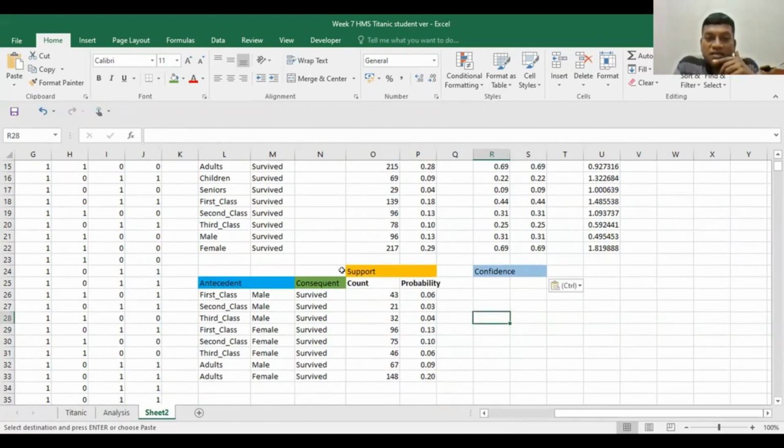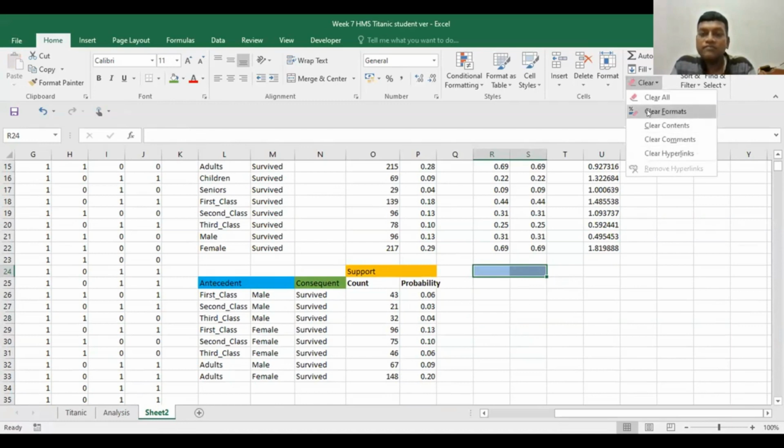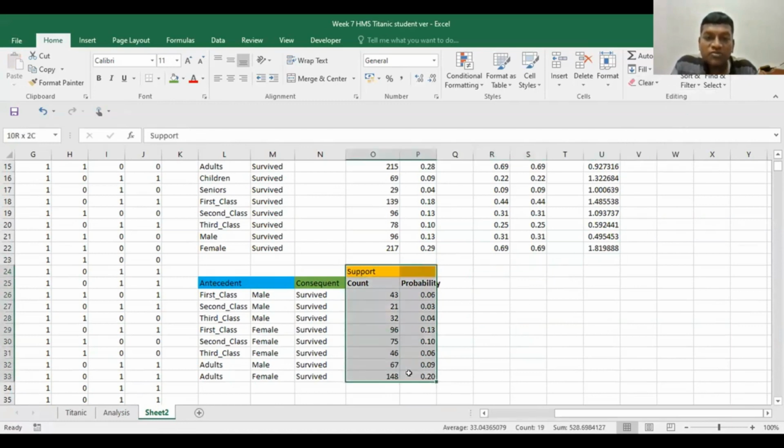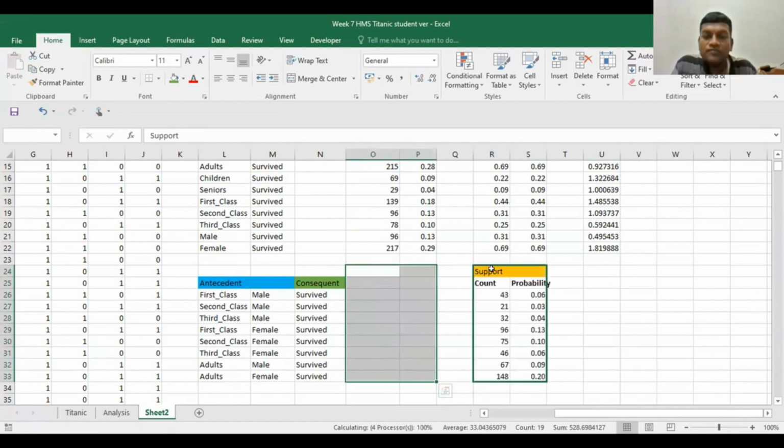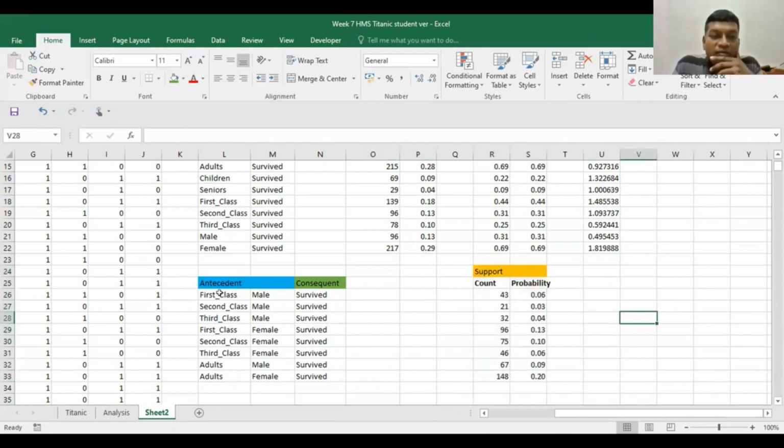So before I come to that, the support stays here. So I want to find the probability of the antecedents, their count and probability.